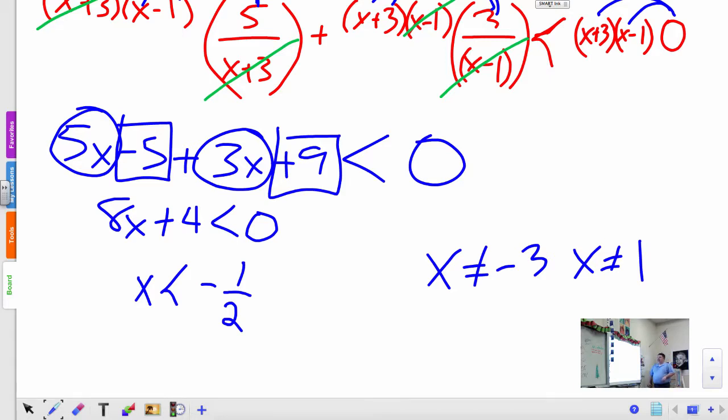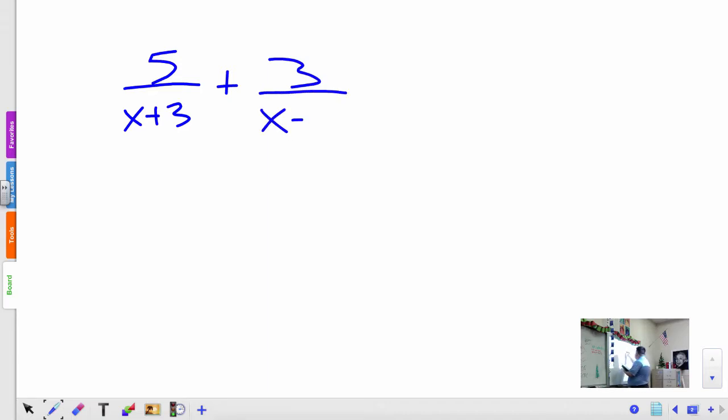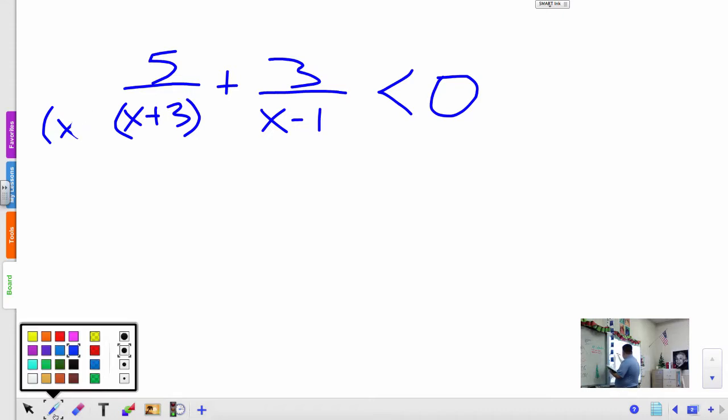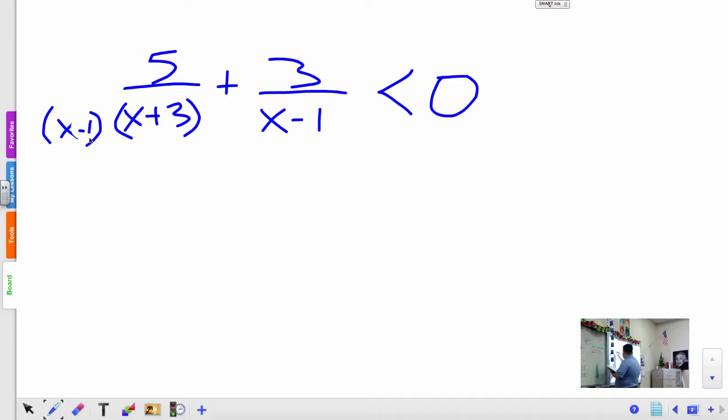Basically, what I have, if I were to do this problem differently, and let's do it on the other page, if I had 5x over x plus 3 plus 3 over x minus 1 is less than 0, and I just worried about my common denominator, and I multiplied this by 5 times the quantity x minus 1, and then I did the same thing over here, and I said x plus 3, like we did before.